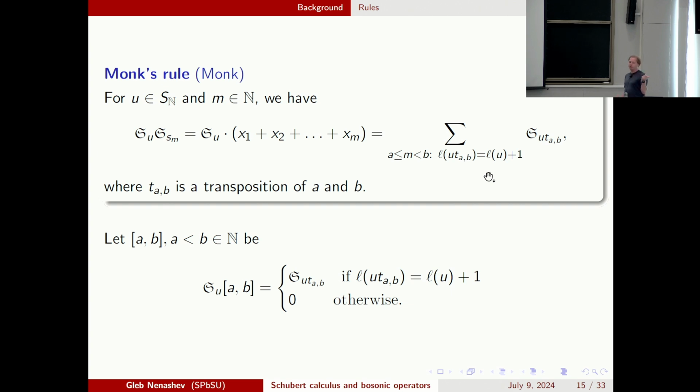Length is the number of inversions in the permutation. You can rewrite this formula using operators AB: zero otherwise, and this Schubert polynomial if the length increases exactly by 1. These operators AB you can see in Kirillov's talk in the morning, and Kirillov denoted them by UAB.